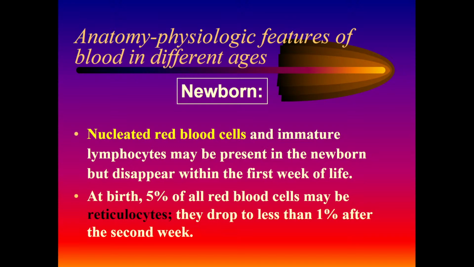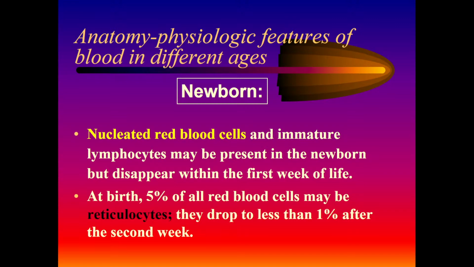In the newborn, nucleated red blood cells and immature lymphocytes may be present but disappear within the first week of life. At birth 5% of all red blood cells may be reticulocytes.